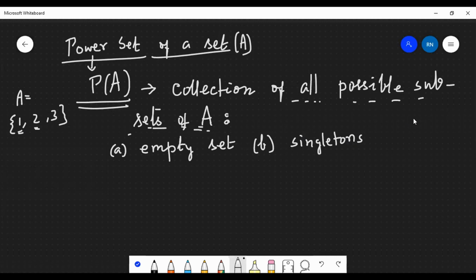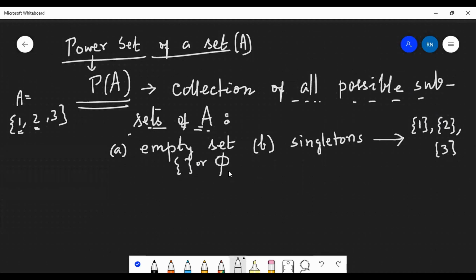That's why we make a set out of singular element 1, a set out of singular element 2, and another set using singular element 3. Now singletons are completed. The empty set is very simple. There is a symbol, the phi symbol.